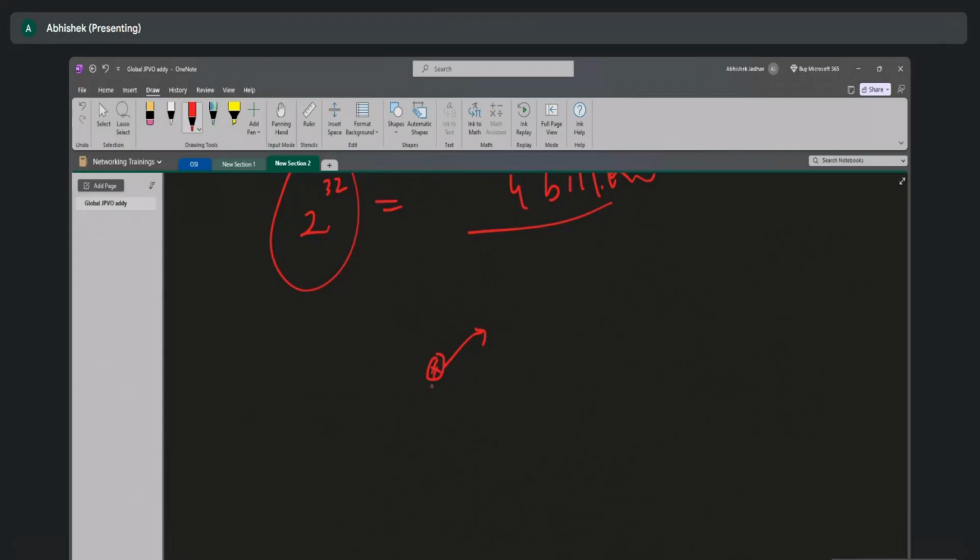So this Anycast will only happen within your private environment. This Anycast will not be routed outside. Got it, sir. Got it. Yeah, it's like our mobile phone only. Yes.